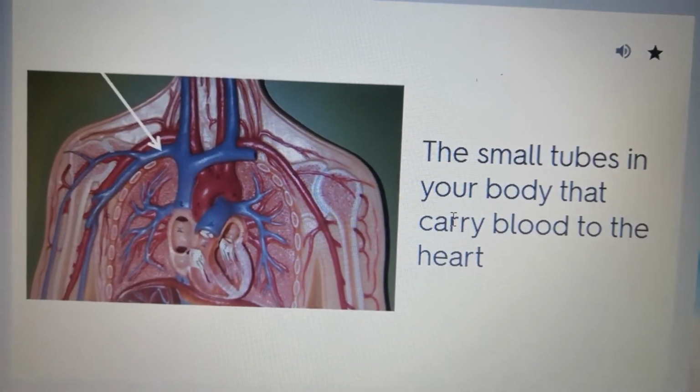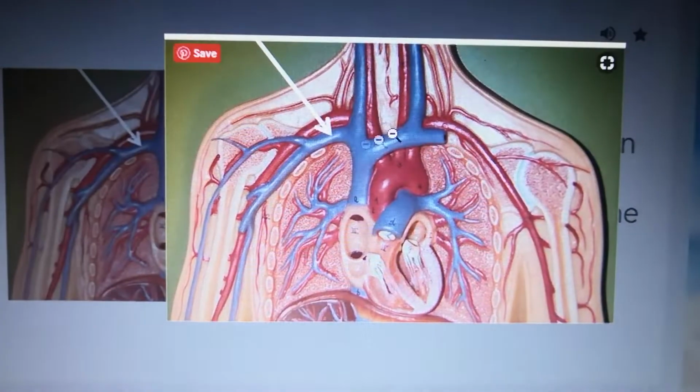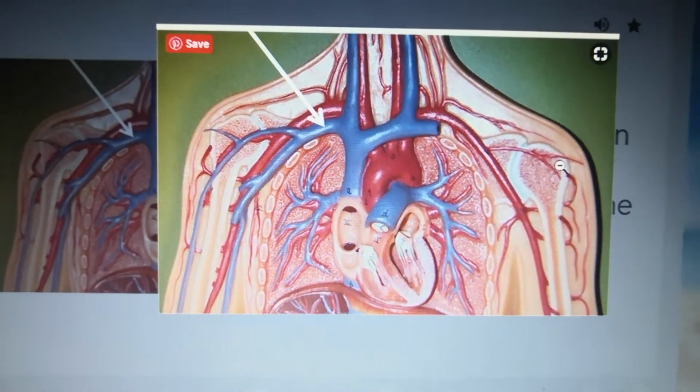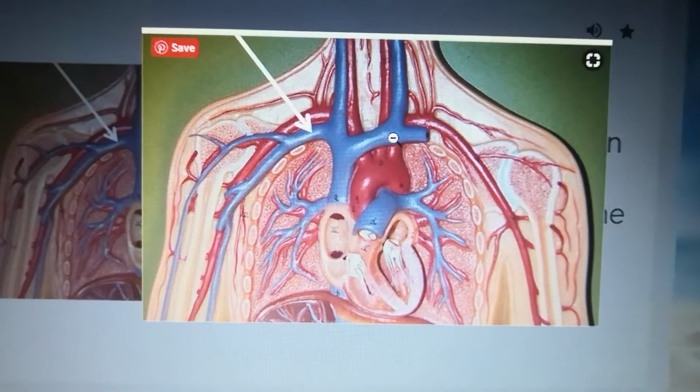Did you see this picture? Look at this one. This is the arteries. But this one is what we call veins.